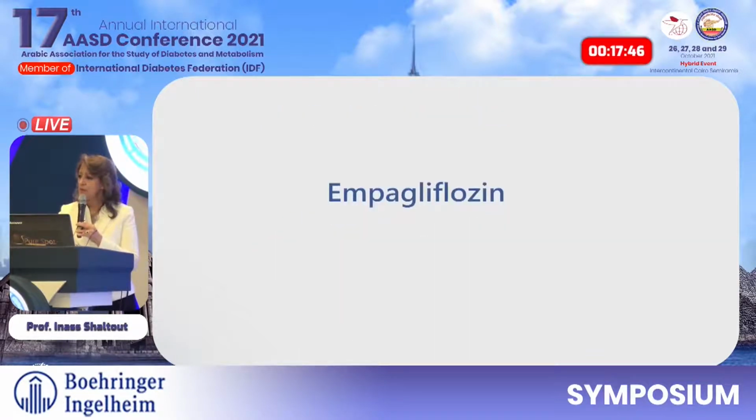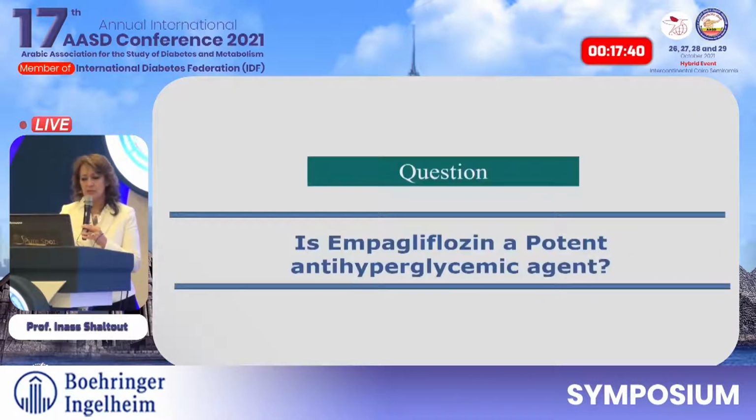Let me start with one of the most important SGLT2 inhibitors in the diabetes field, empagliflozin. Please interact with me with questions. Is empagliflozin a potent antihyperglycemic agent or not?